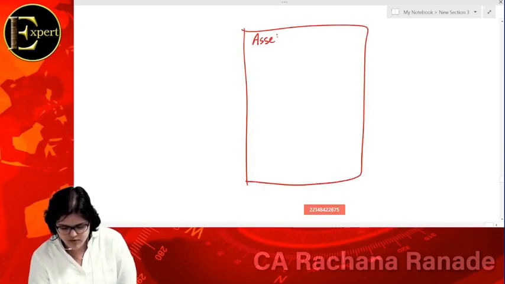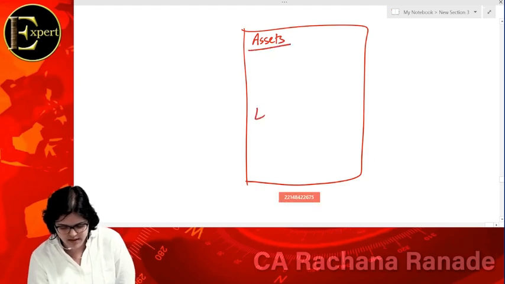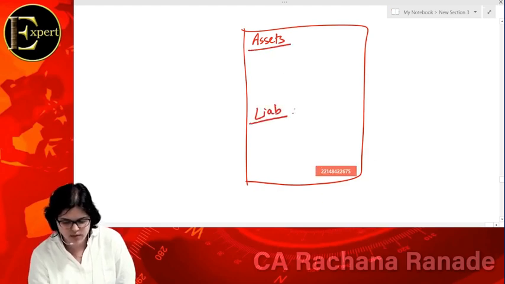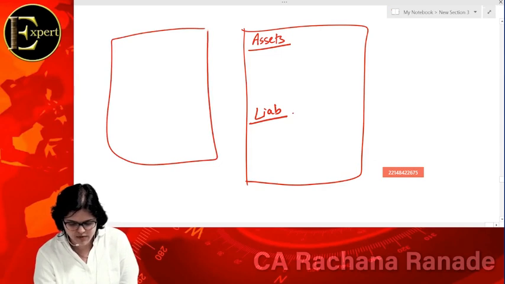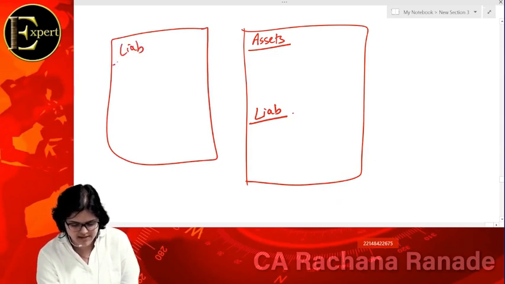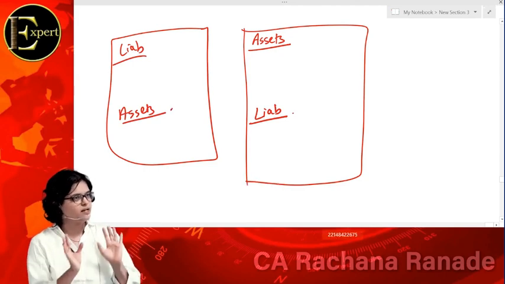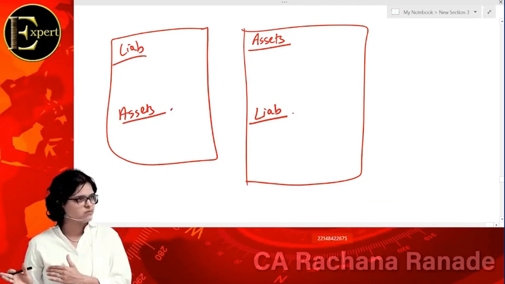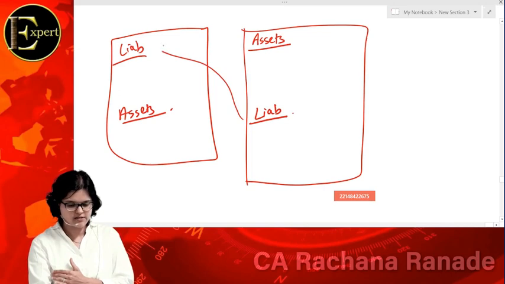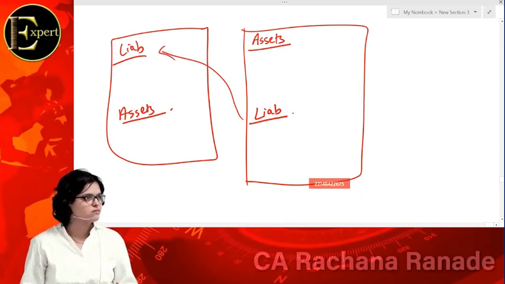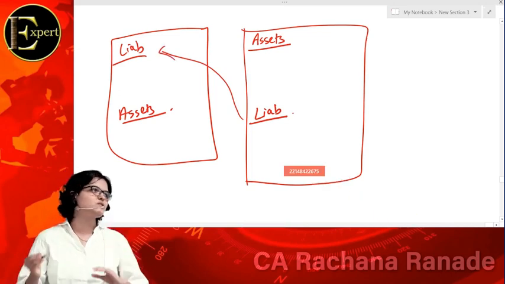If you remember, Ind AS has this format: first assets and then liabilities. Our traditional format will have liabilities first and then assets. It doesn't make a difference. It's just about how it is presented. Finally, a liability remains a liability, an asset remains an asset. Because it is written on top, a liability doesn't become an asset. It's just a style of presenting which is first.